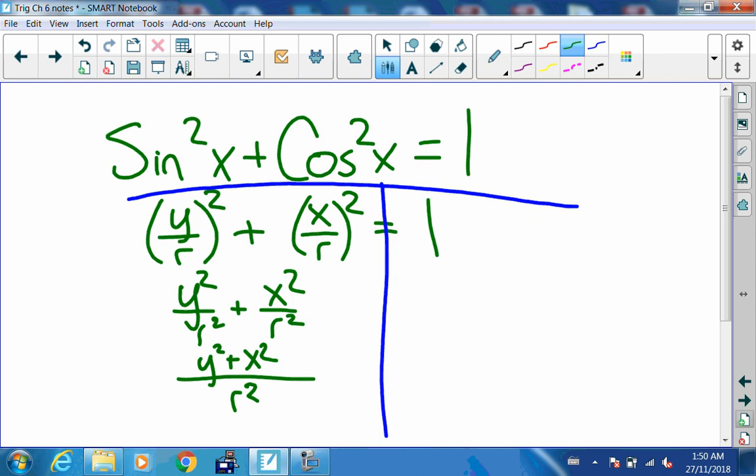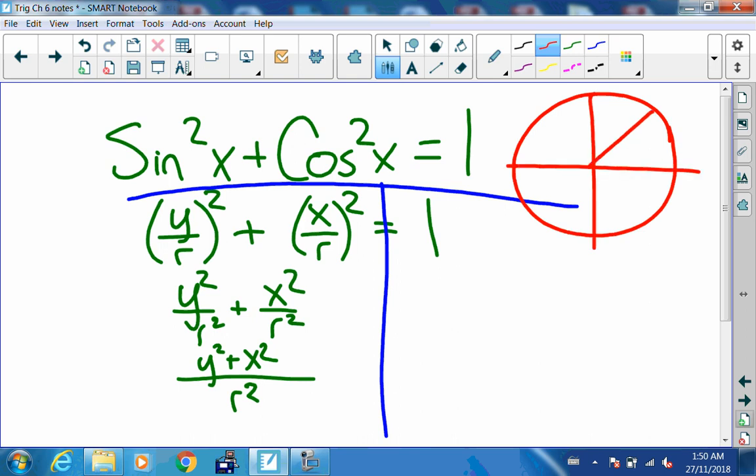However, if I look at it a little more closely, I can think back to the old unit circle, and the equation that defines our unit circle is x, y, and r, and by Pythagoras' theorem, x squared plus y squared equals r squared. Now, to be honest, this works for all circles, not just the unit circle.